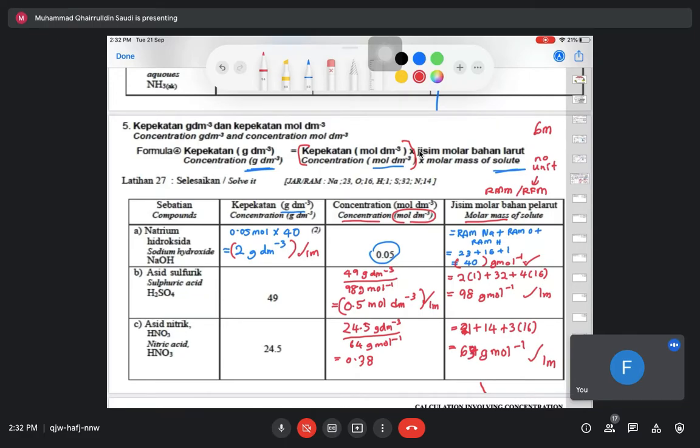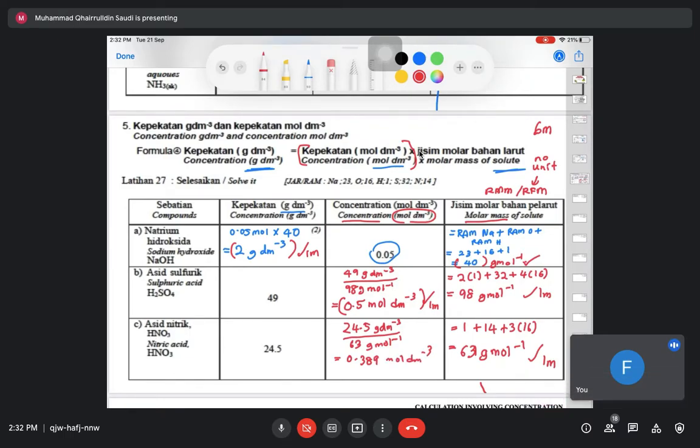Padam. 63. Patutlah salah soalan saya. Okay. 1, 3 times 16 plus 14 plus 1, 63. So 24.5 divided by 63, 0.389 mole per dm cube.